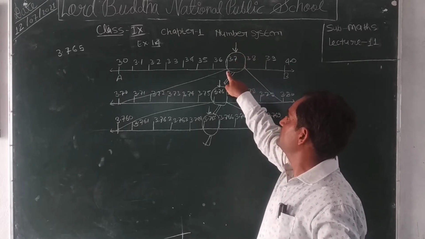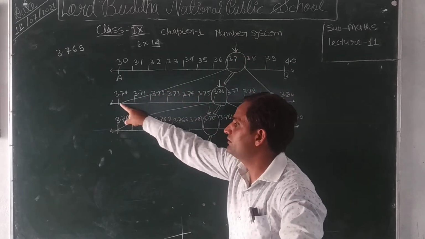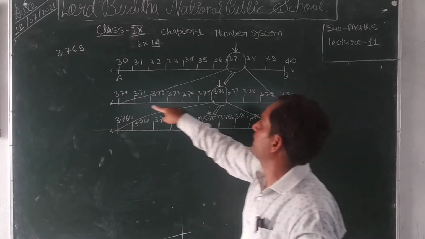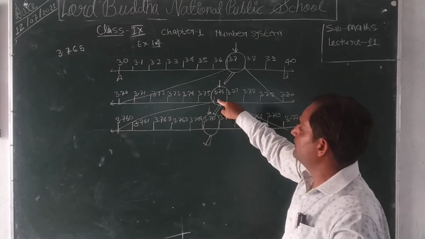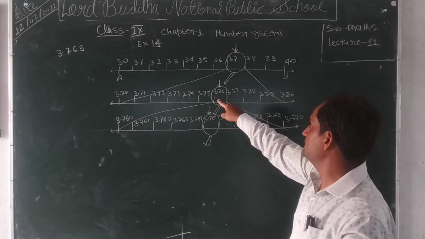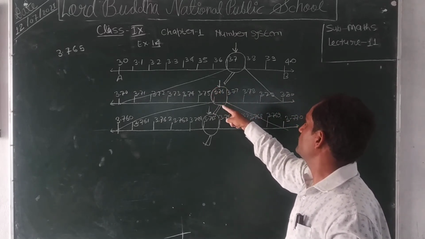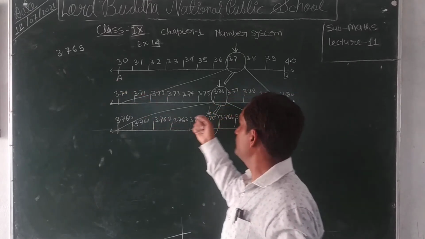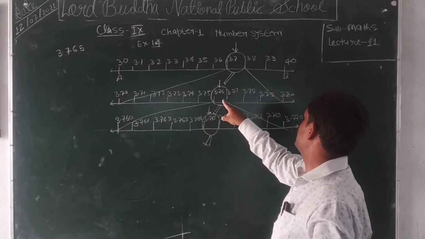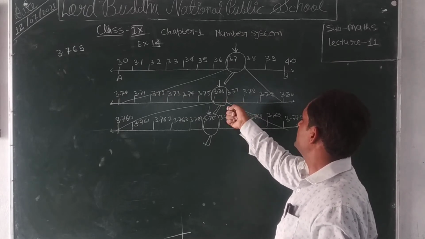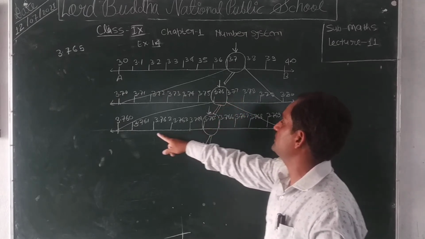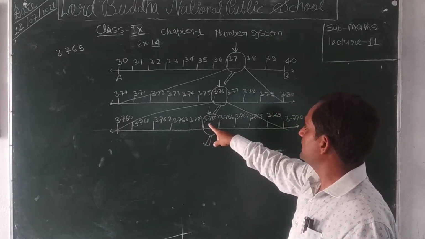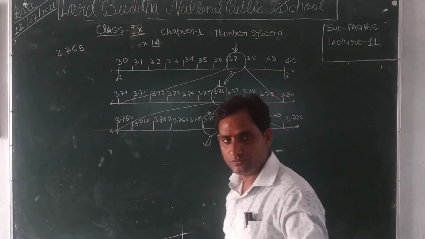Now we divide this into 10 equal parts and we get the point 3.76. After that, we see that 3.765 will lie between 3.76 and 3.77. Hence, we again imagine dividing it into 10 equal parts and at last we visualize 3.765. Clear?